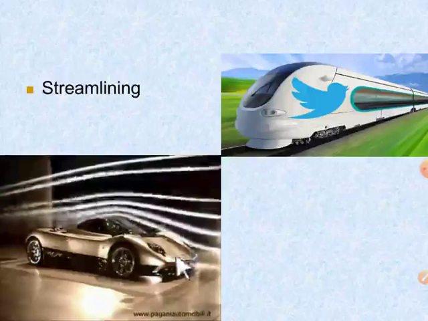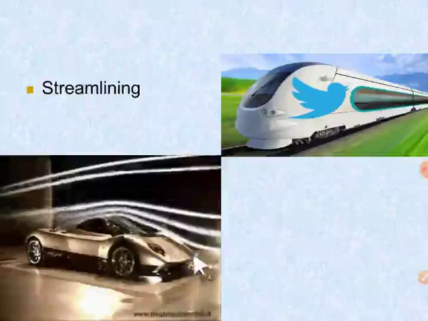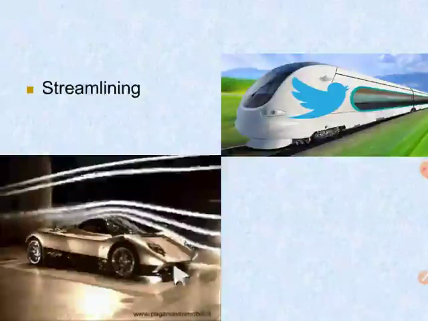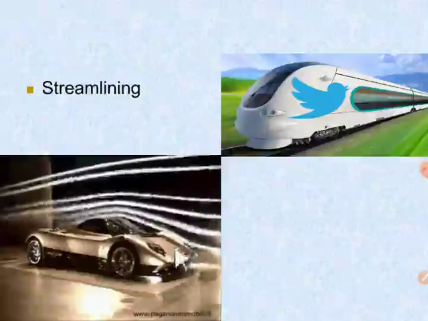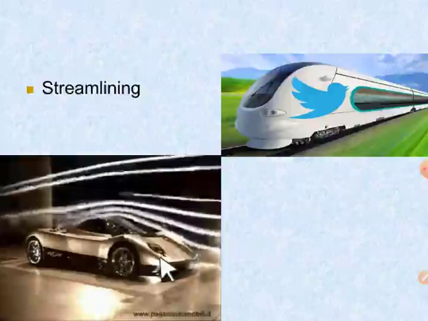And the next one is about streamlining. You see here that when the car is moving at a very high speed, this is the motion of the wind. Got it? If it is flat enough like that of the bus, then due to that friction, this car cannot move at that much high speed. This is a racing car.